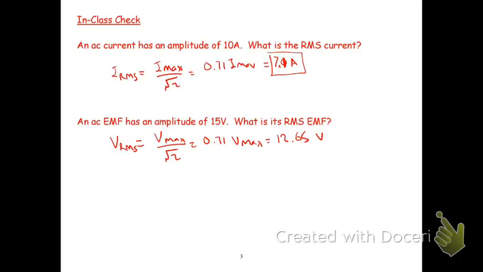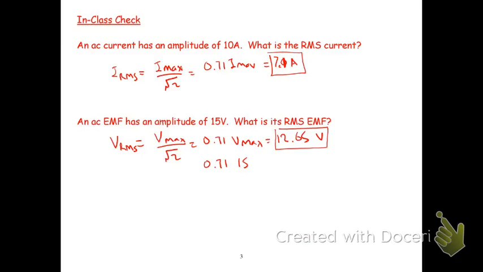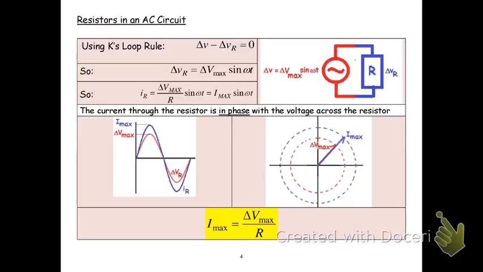Is that right? 0.71 times 15. I think that's right. Yep. Cool. Know those. 10.65, okay. Yeah, 7 plus 3, yeah, thank you. 10.65.